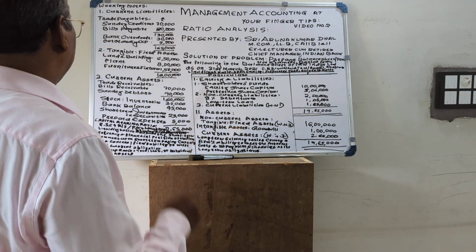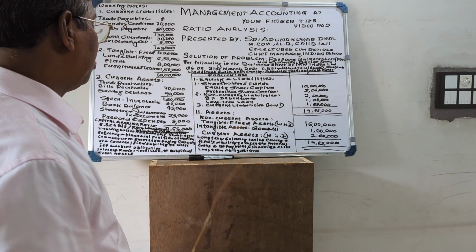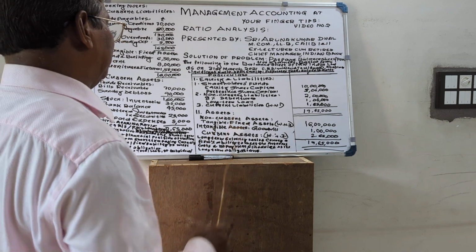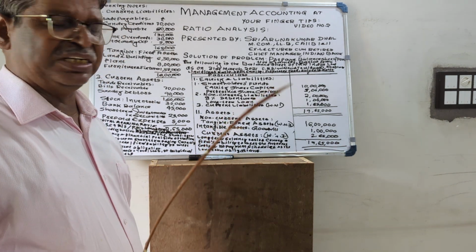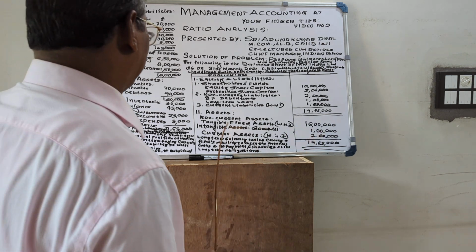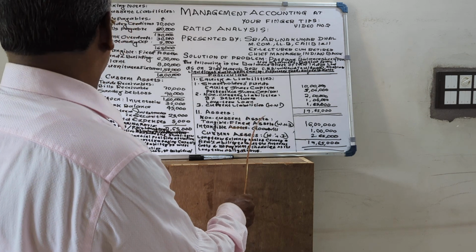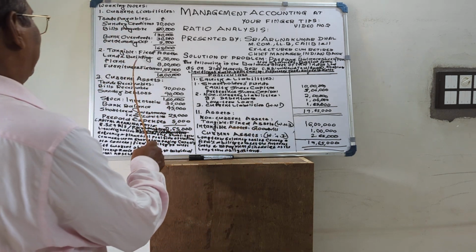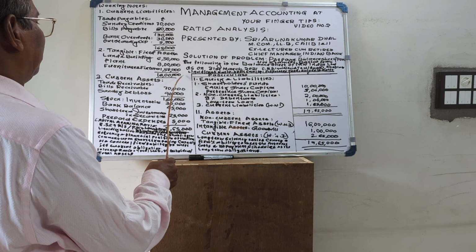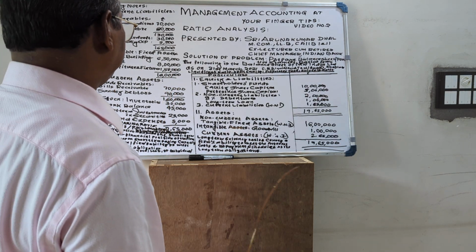1,65,000. Then assets. Non-current assets include both tangible and intangible assets. Tangible means which can be seen and touched: fixed assets like land and building, plant and machinery, furniture and fixtures, defined in working note 2. Under tangible assets, land and building is 6,50,000, plant 8 lakh, furniture and fixtures 1,50,000, so the total is 16 lakhs.